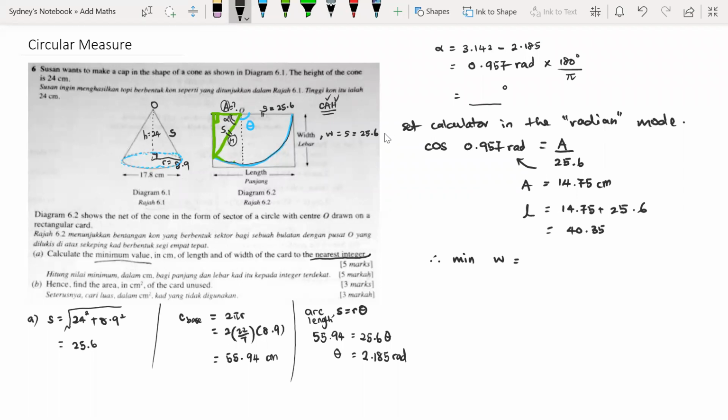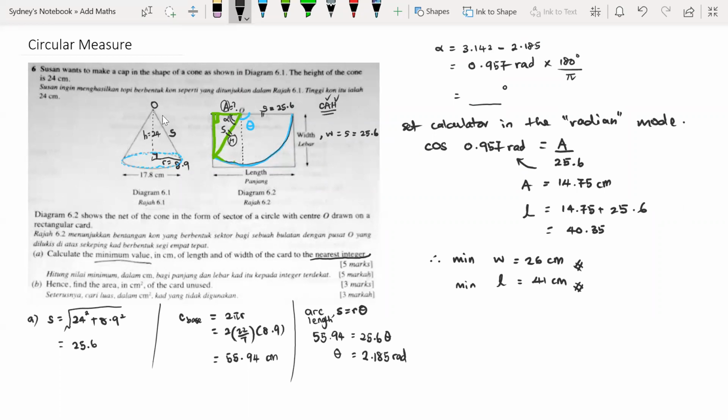So the W over here is 25.6, and we round it off to the nearest integer, it will be 26 cm. And the minimum length in integer will be 41 cm. So we just found the answer for part A.